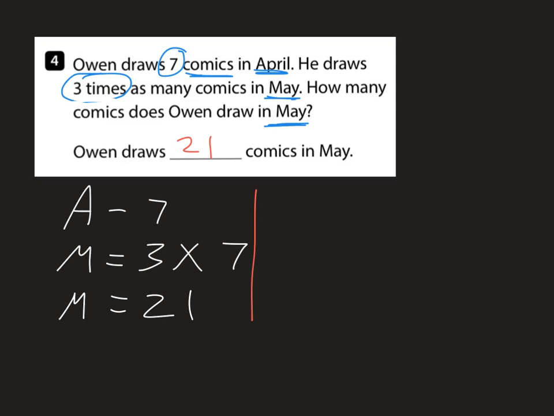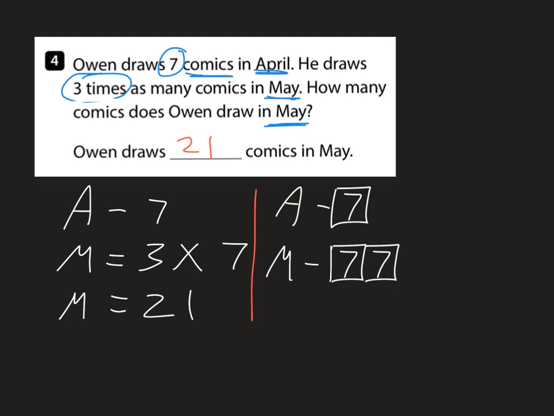All right, let's show you using a bar model. So in April, he draws 7 comics. Then in May, he draws 3 times as many as 7. So there's 1 times as many. There's 2 times as many.